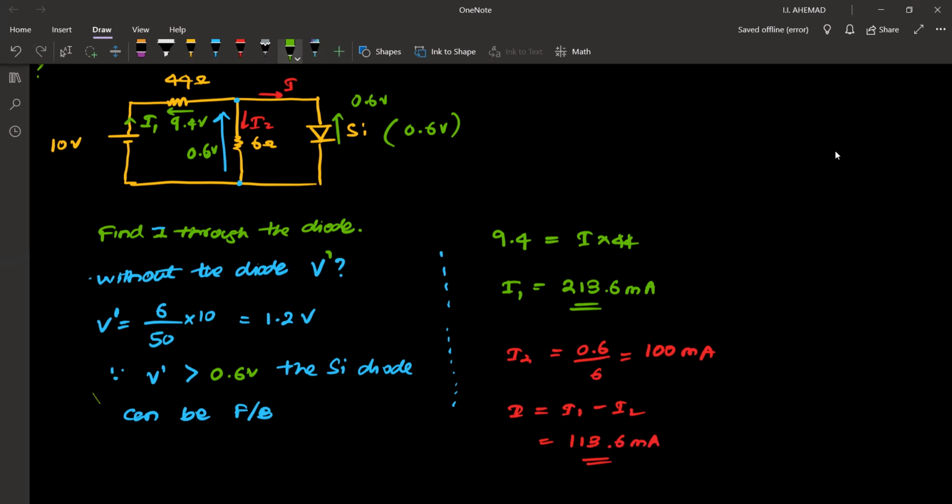Therefore, the diode gets forward biased. Then we go for the forward bias condition. So here, when forward biased, it's 0.6 volt. So here also it will be the same, right? Because it is across the same pins. If this is 0.6, the remaining should drop here, 9.4. So now you can find the current through each of the resistors, and using KCL, Kirchhoff's current law, we can find what is I.